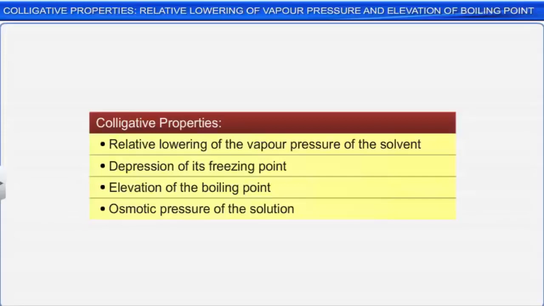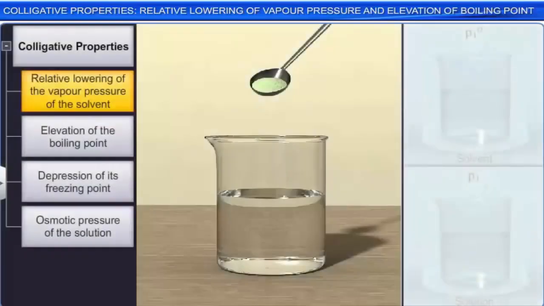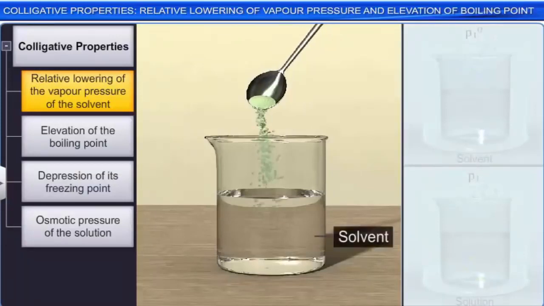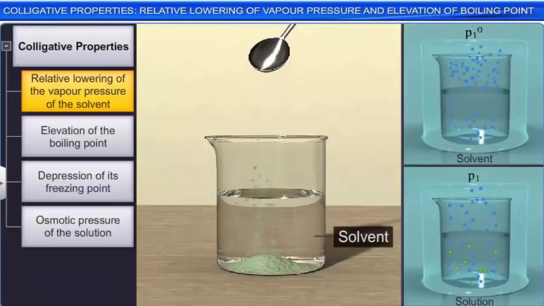Let us first discuss the relative lowering of the vapor pressure of the solvent. We know that when a non-volatile solute is added to a solvent, the vapor pressure of the solution decreases.